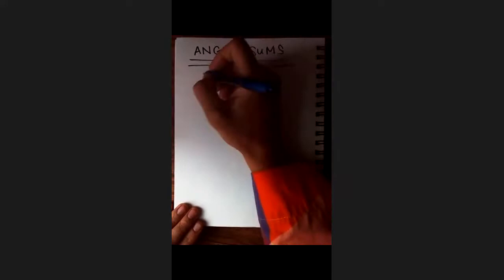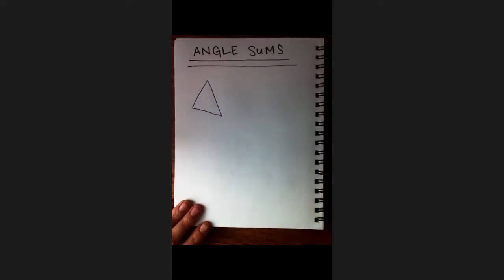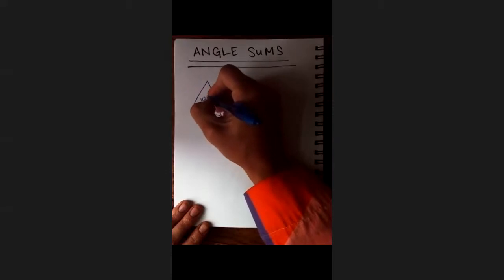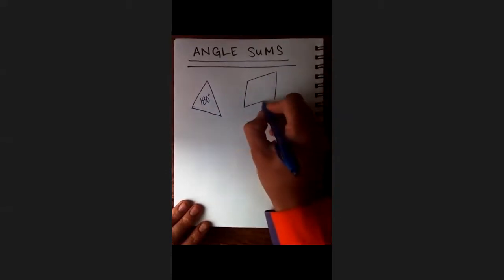So let's go ahead and get into our lesson today about angle sums. Before we do any example problems, let's talk about the simplicity of the angle sum. Let's say we have a triangle, and we know that the three angles inside of a triangle will always add up to be 180 degrees. Now let's say we have a quadrilateral, or a four-sided shape.